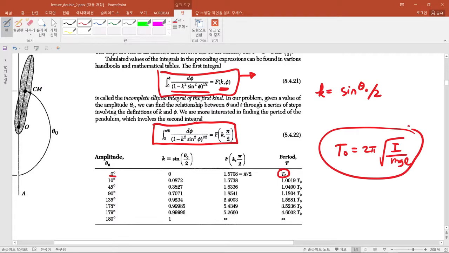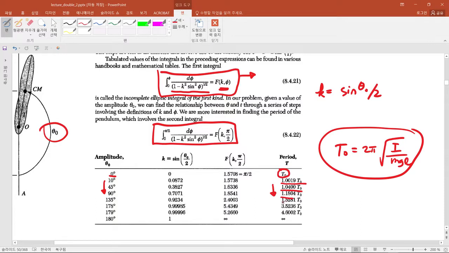So that is T0. Now as the initial theta 0, where this rotation starts, becomes larger, the period begins to deviate from T0, and it increases, as it should.